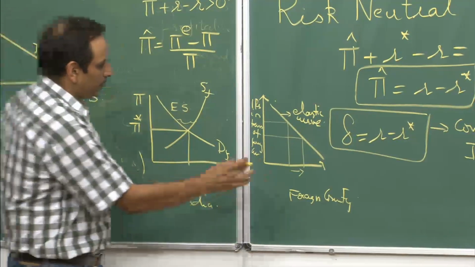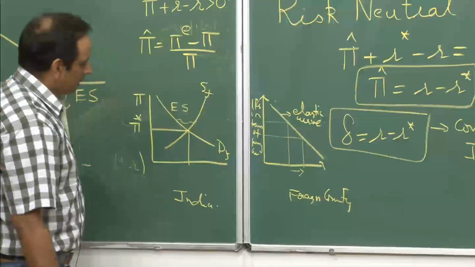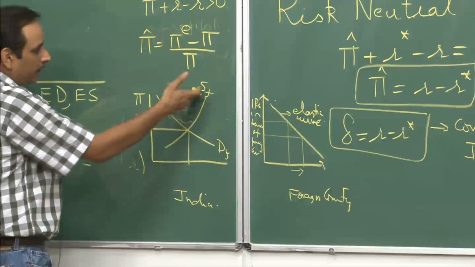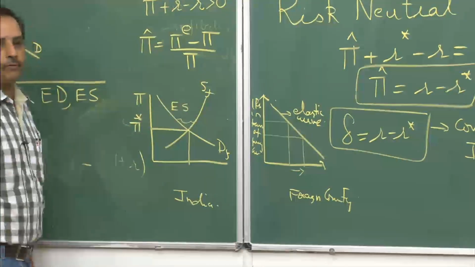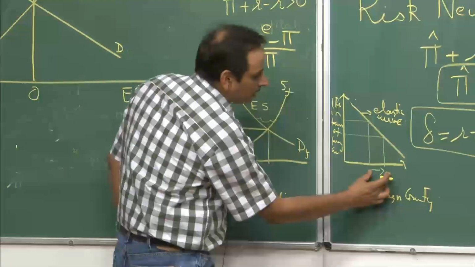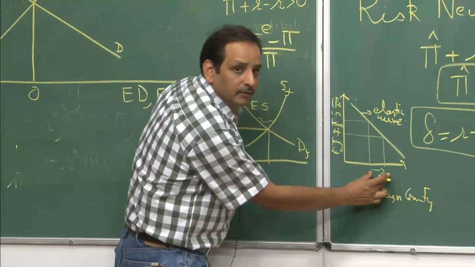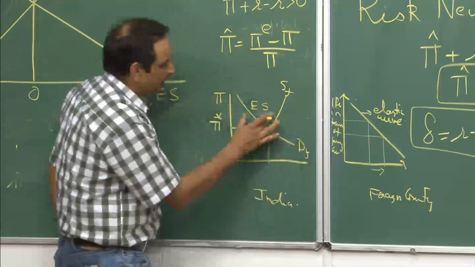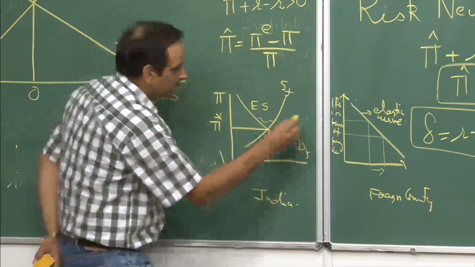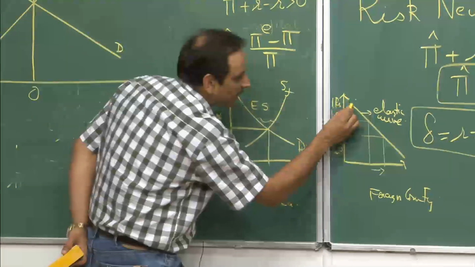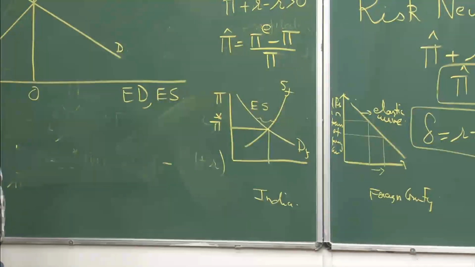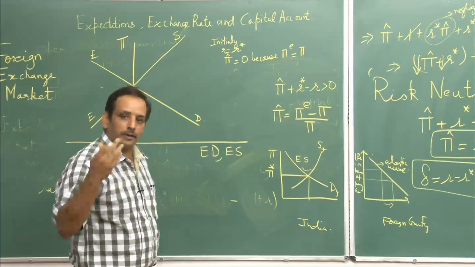So, if pi goes up, you tend to supply more of foreign currency, because only when the foreigners demand more of your currency will they supply more of foreign currency. So, this upward sloping curve is coming from this downward sloping demand curve for our own Indian rupee in the foreign country.